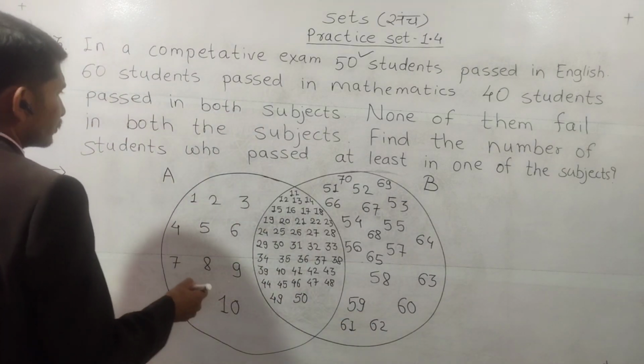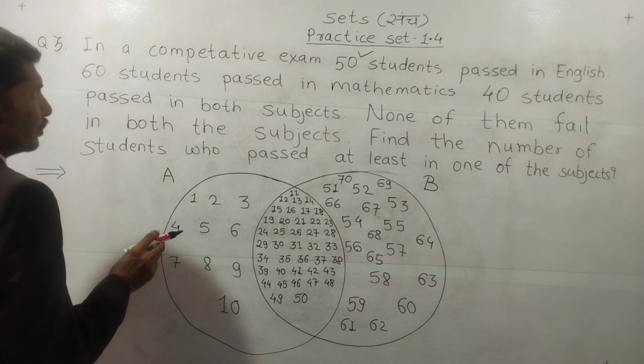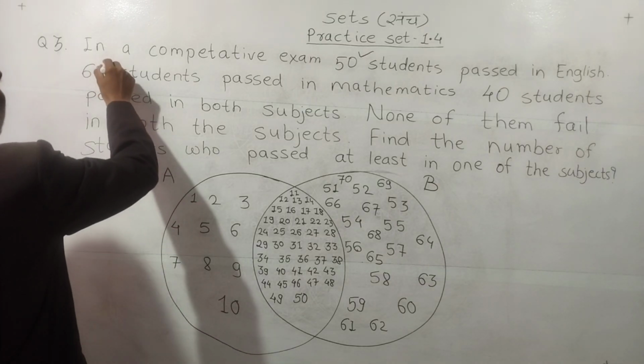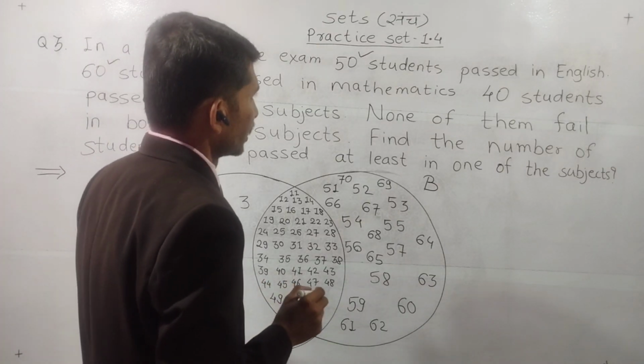Okay, total 60 students are there in set B who passed in mathematics. This condition also we have checked.